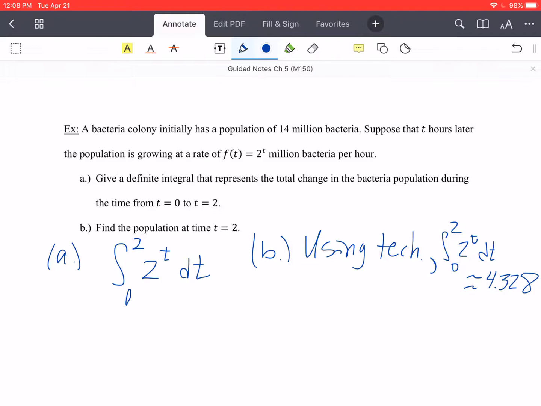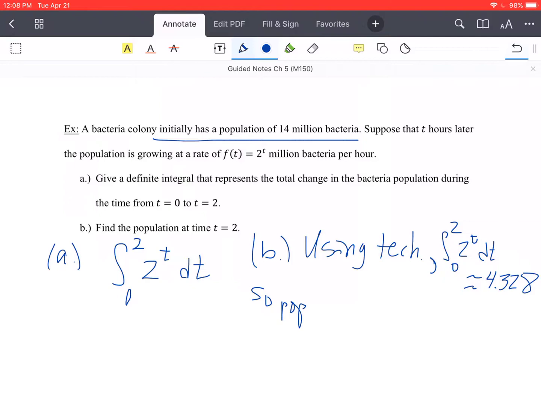That's the value of the integral, but it just tells us total change. It tells us how much the population of bacteria has changed from 0 to 2. But the population, if you remember, started off initially with 14 million bacteria in it.